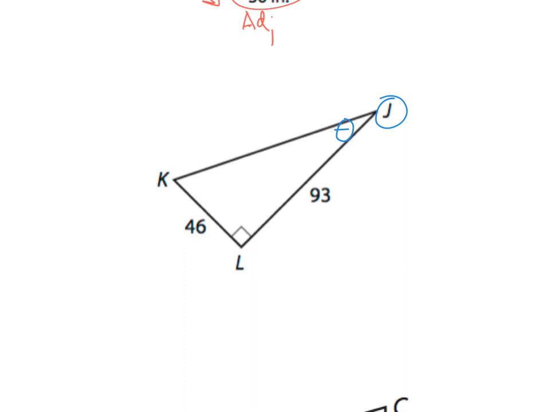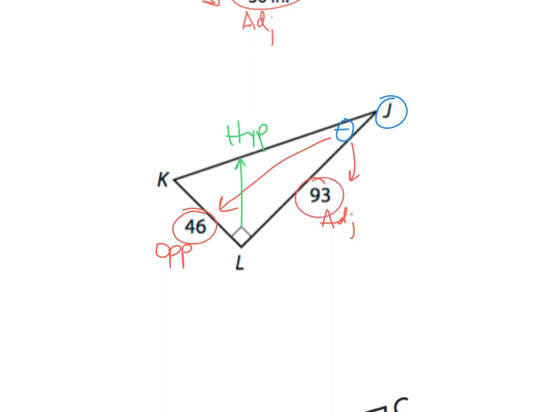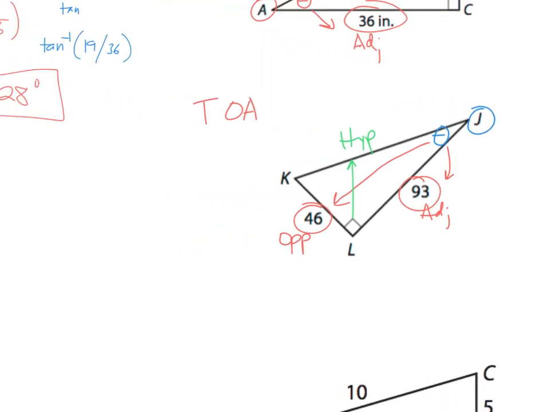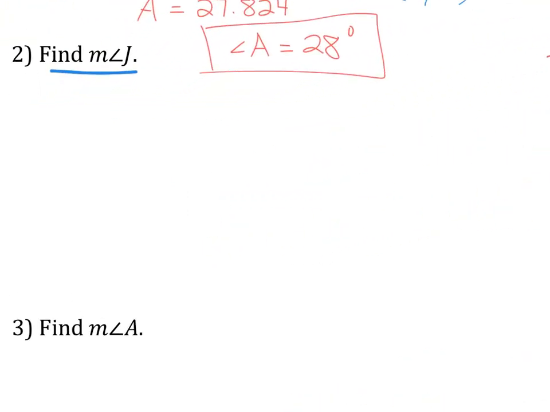If we label our 3 sides, across from that is our opposite. Right next to it is adjacent. And here's our 90 degrees. Across from that is hypotenuse. So in this case, again, we have opposite and adjacent, which means we're going to want to use tangent, for TOA.